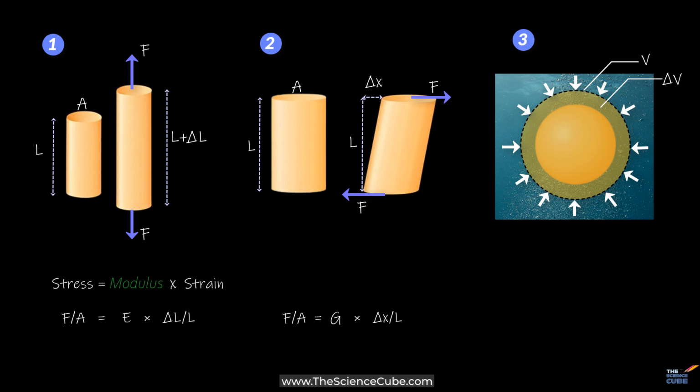And here again the strain is a dimensionless quantity, but instead of change in length, we take change in volume, or the strain is delta V upon V, where V is the original volume of the object and delta V is the change in its volume. And here the corresponding modulus is given by the symbol B and is called the bulk modulus of the material.